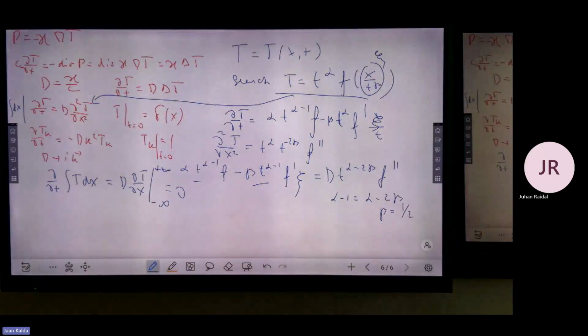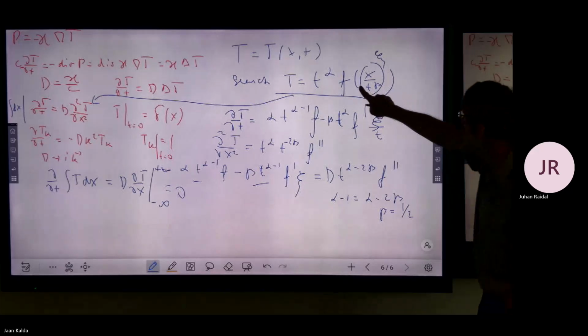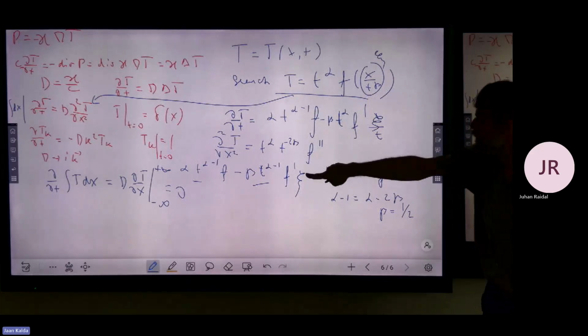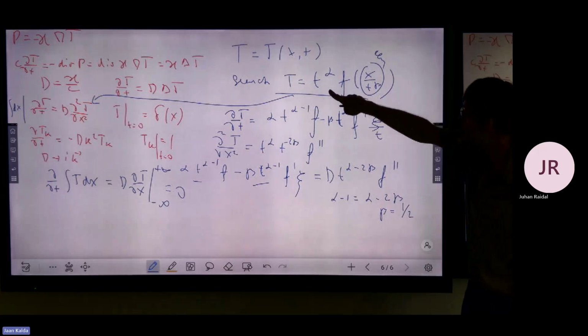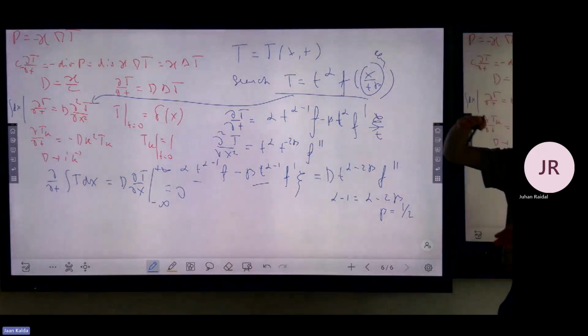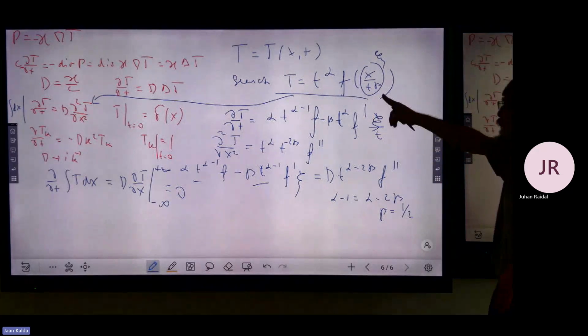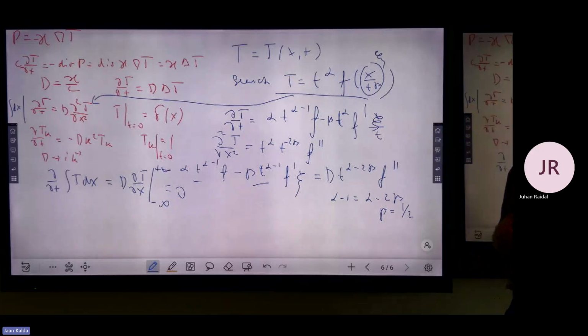Now, if we have a solution like that, we would need to have this conservation law, right? So it becomes t to alpha, the factor here depends on how the height changes, and t to beta over here depends on how the width changes.